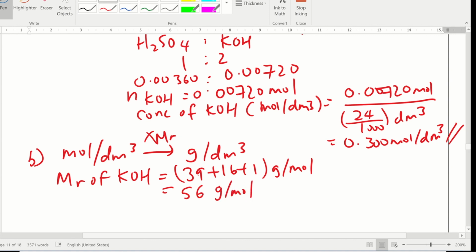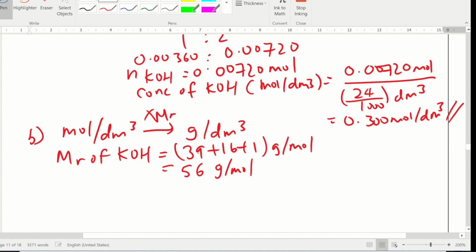So, calculate. My concentration, I want this in gram per dm cube.